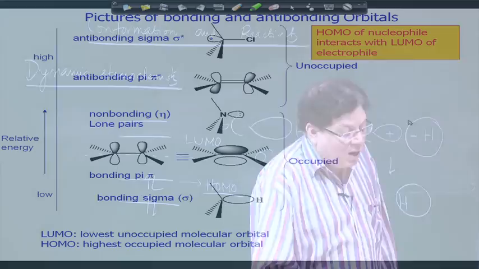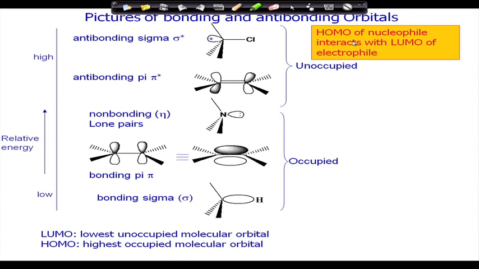Okay. So, now here it is written: HOMO of nucleophile interacts with LUMO of electrophile. When the nucleophile comes and displaces the chlorine, it is this orbital which is the LUMO, the lowest unoccupied molecular orbital, and the HOMO of the nucleophile comes and donates electrons to this and interacts with this orbital.